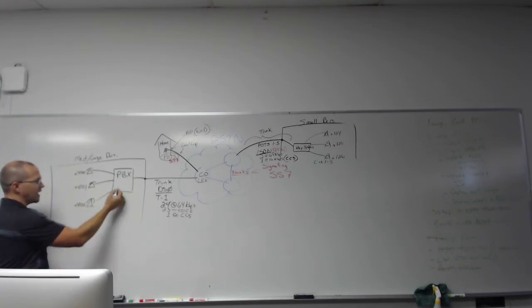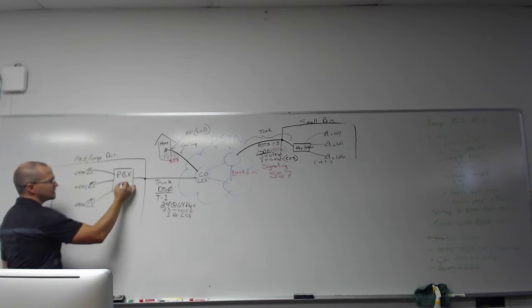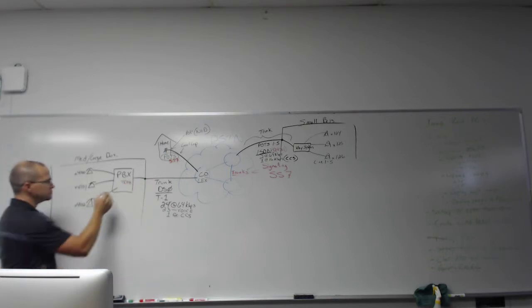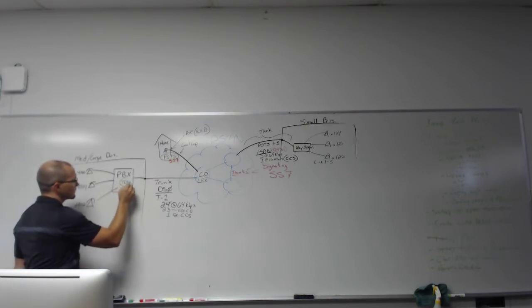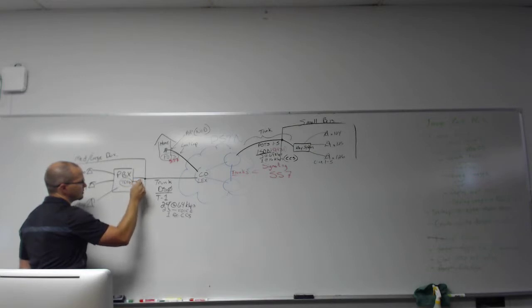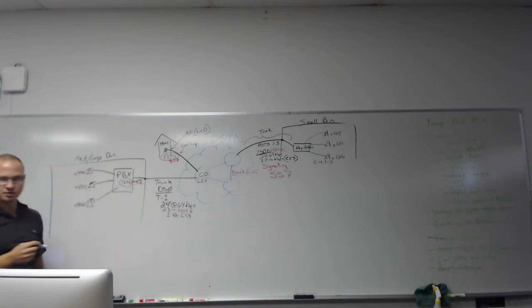So by dialing 9, what happens is, inside the PBX, it's doing something called TDM, time division multiplexing. This is like the symbol for a multiplexer.